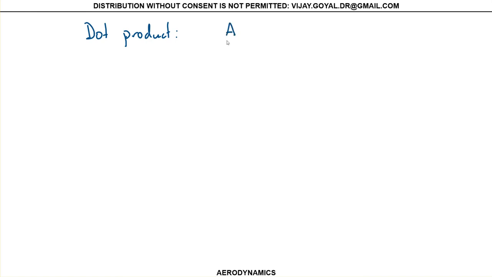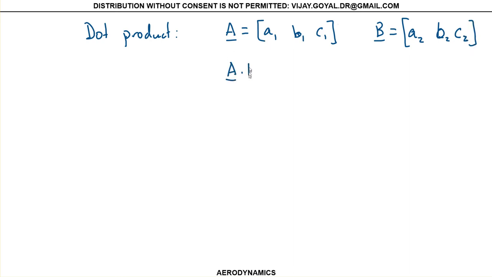If I had a vector A with components A1, B1, C1, and I had the vector B with components A2, B2, C2, then A dot B is equal to A1 times A2 plus B1 times B2 plus C1 times C2. I get a scalar. Okay, it's not a vector anymore. So that's the same concept we will use here.